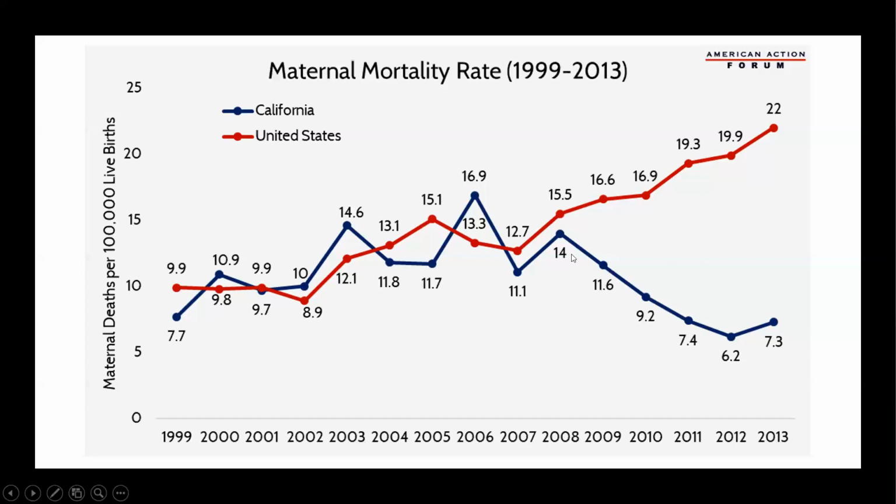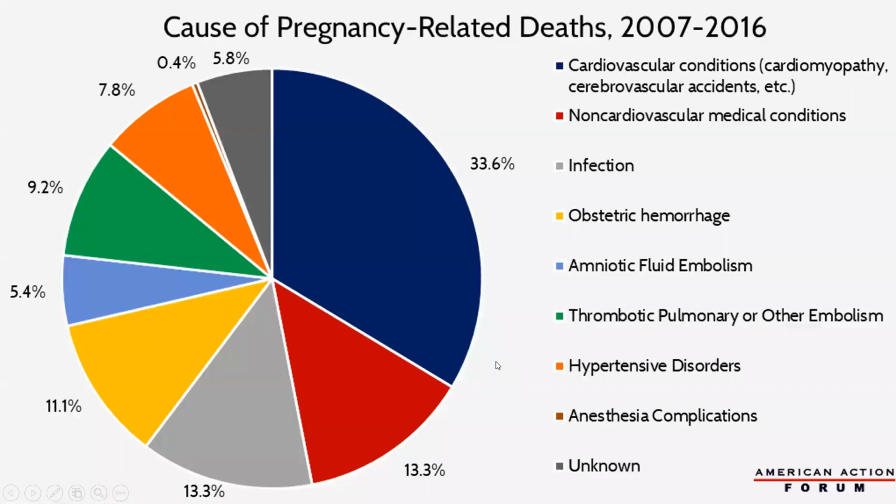bedside and affecting change. So when we're looking at the causes of pregnancy-related deaths, this is a nice graphic here, and you can see that the number one cause of pregnancy-related deaths are cardiovascular conditions and cerebrovascular accidents.